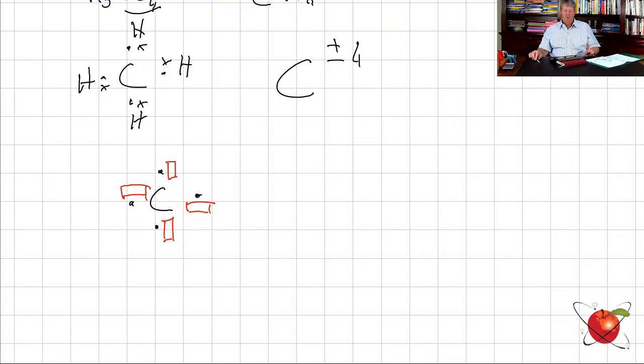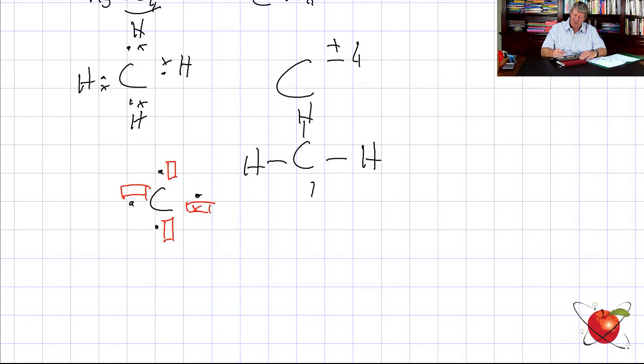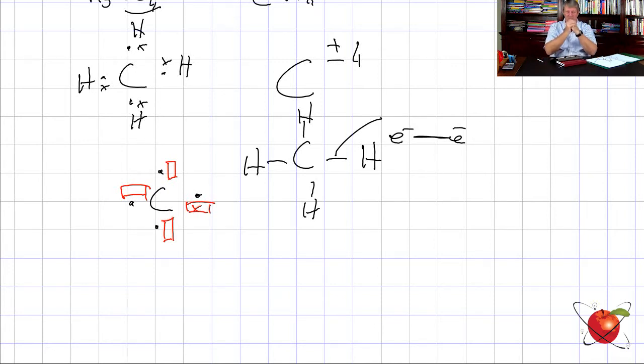Whatever bonds in here creates an electron pairing. When we bonded it, for example methane, CH4, we had C, H, H, H, H. Each one of these lines was an electron given by both parties.